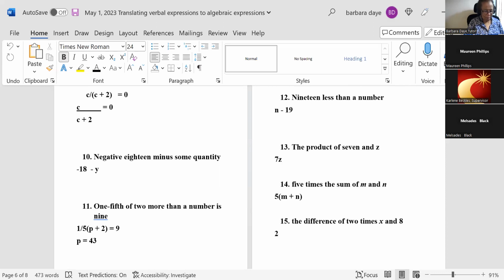X. And difference is what operation? Equal, no, difference is minus. That's subtraction. 8. That's it. Difference of 2 times X and 8. That's the answer.